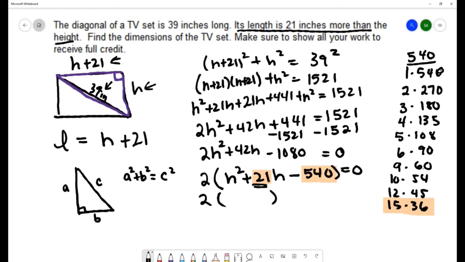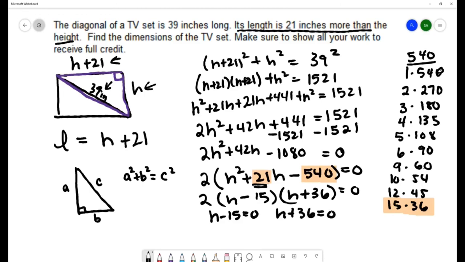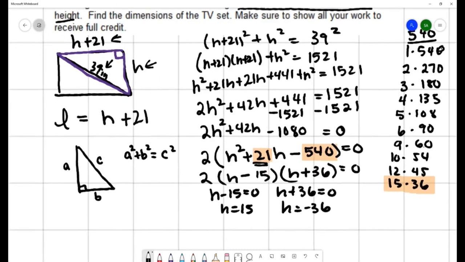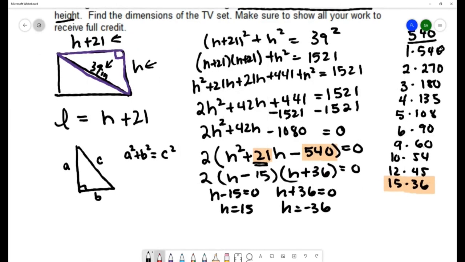So let's factor this into h and h. 15 and 36. I want the positive on the 36 and the minus on the 15. I can then set each one of these factors equal to 0. And that gives h equals 15 and h equals negative 36. Remember, h stands for the height, so having a negative height doesn't make sense.